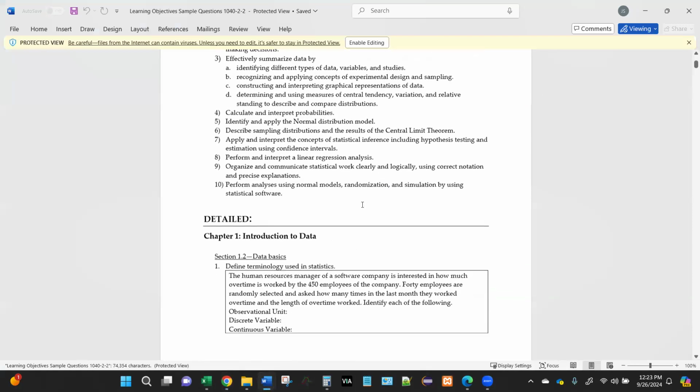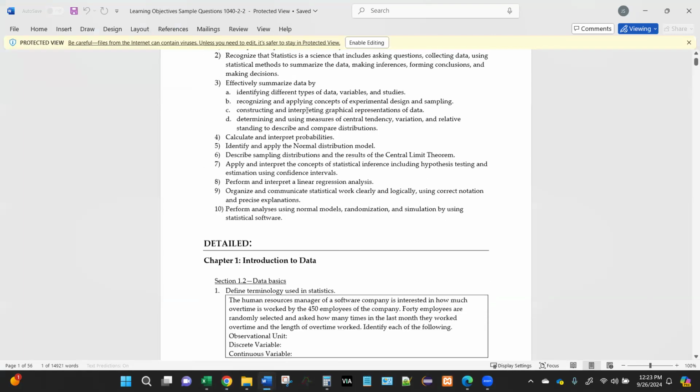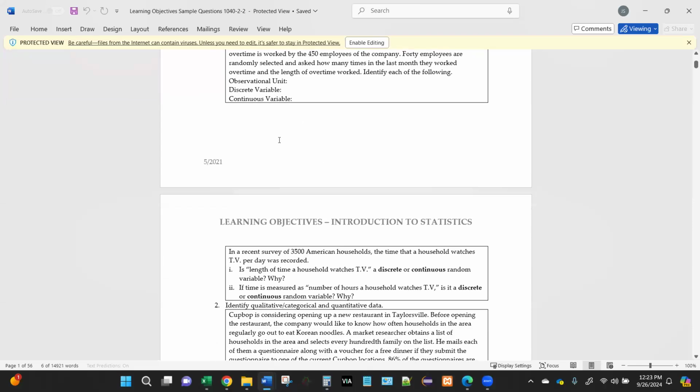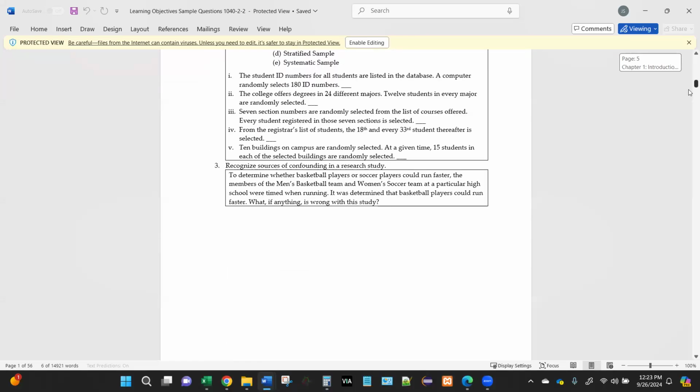Let me show you this. So what it is is a list of all of the learning objectives for the whole course. So for example, in 1.2, we talk about defining terminology used in statistics. And then we have 2 problems for that. Okay, so it's a really nice way of studying for the exam.